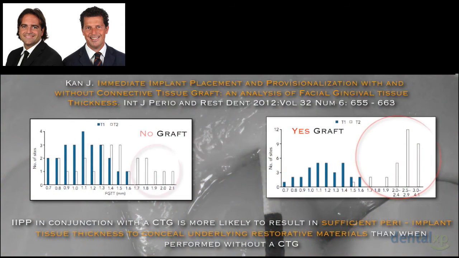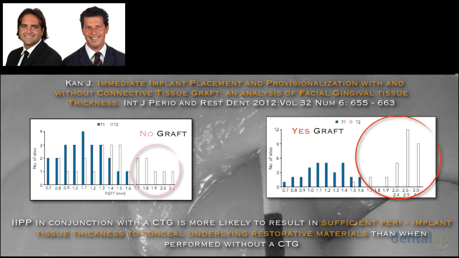The literature is telling us that this kind of protocol works well, because Joe Kahn, in one of his latest articles in 2012, was doing a test control study where he was not placing a connective tissue graft in one group, and was placing a connective tissue graft in the second group.